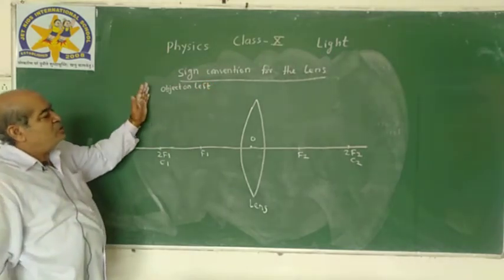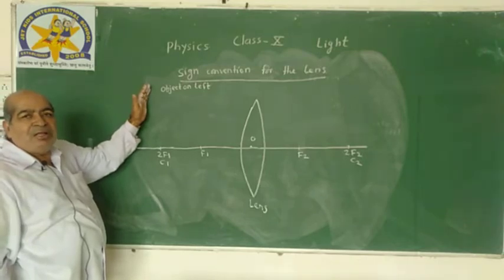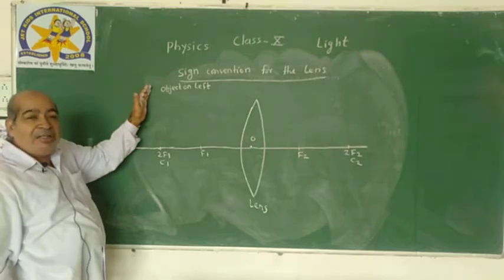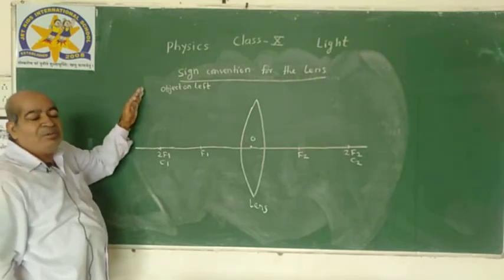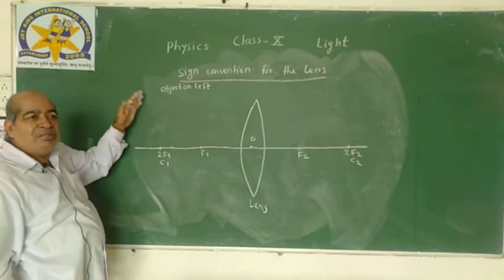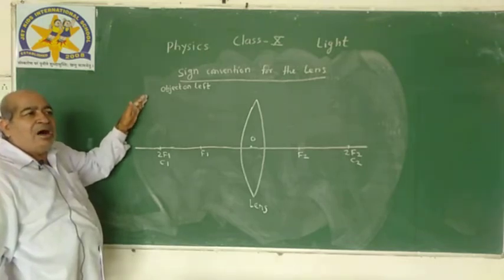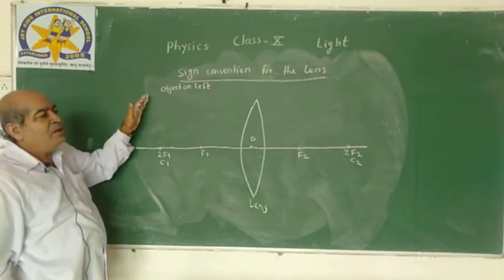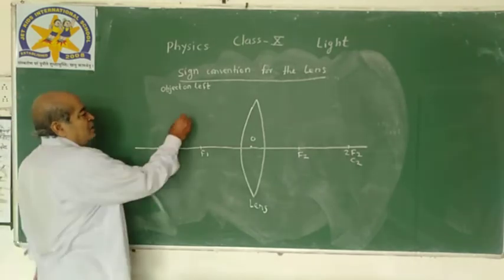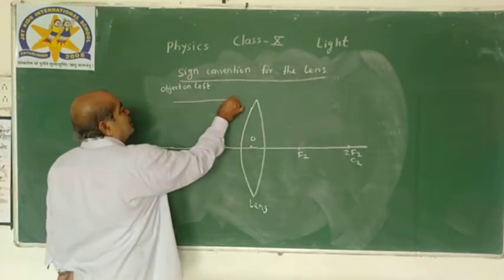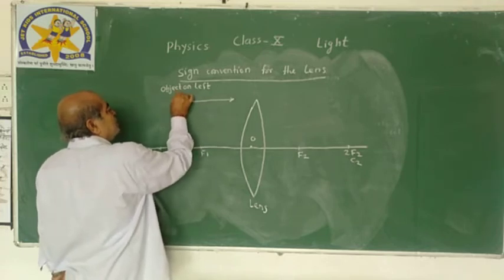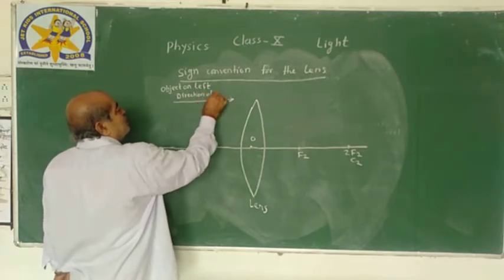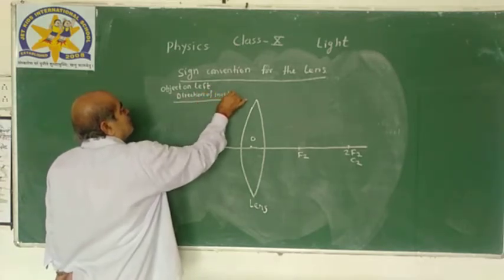The object should always be kept on the left side of the lens, indicating that the rays of light from the object are incident on the lens from left to right. So this is the direction of the incident light.